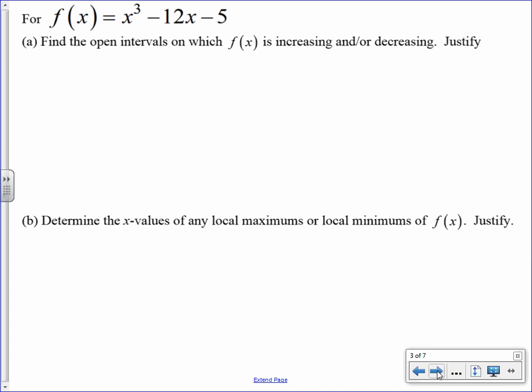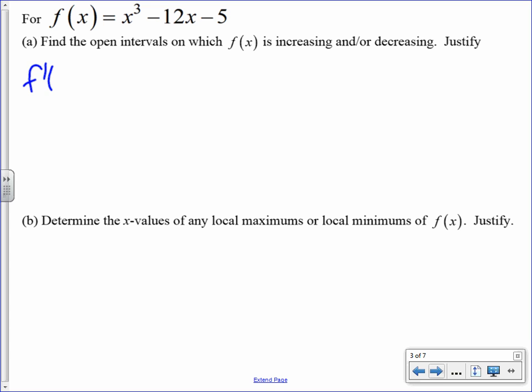Okay, so first, let's start out with what we did yesterday. Here's a function. Does this sound familiar? Did we do this one yesterday? If we want to know increasing and decreasing intervals, what do we do?